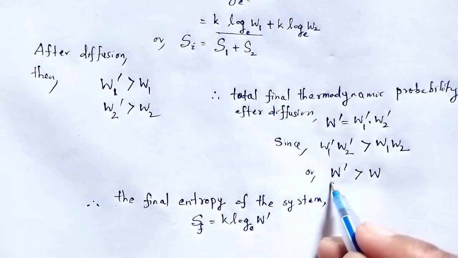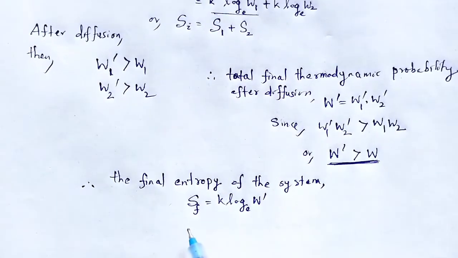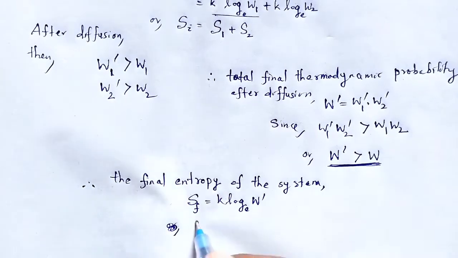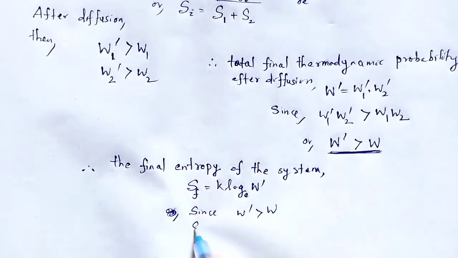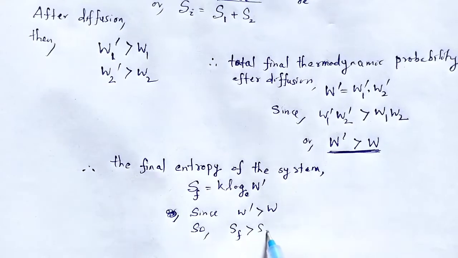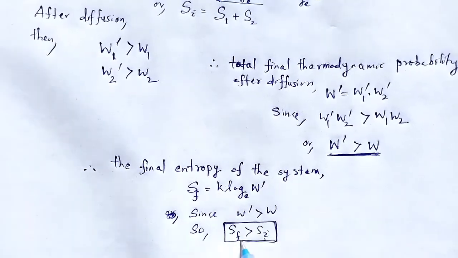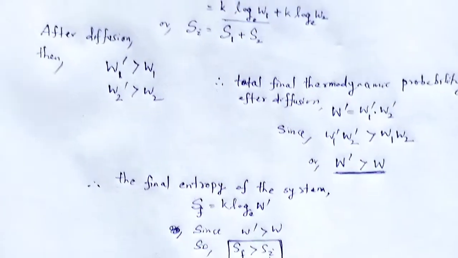Since W dash is greater than W, we have SF greater than SI. Entropy final is greater than entropy initial.